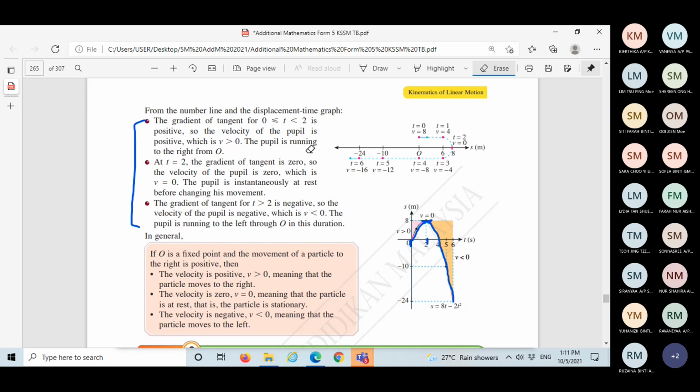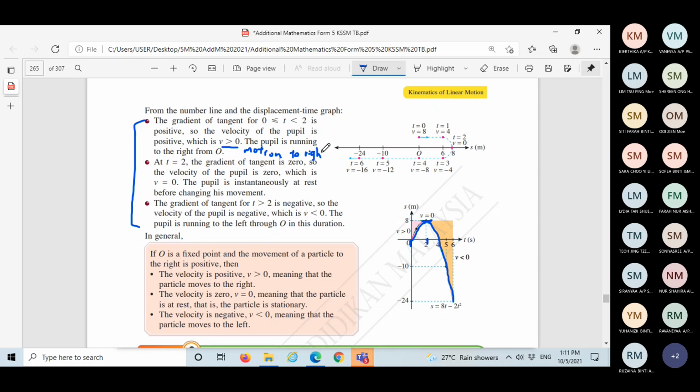The pupil is running to the right from O. One more thing you need to know is velocity positive means the motion is moving to the right. The direction of the motion is to the right.